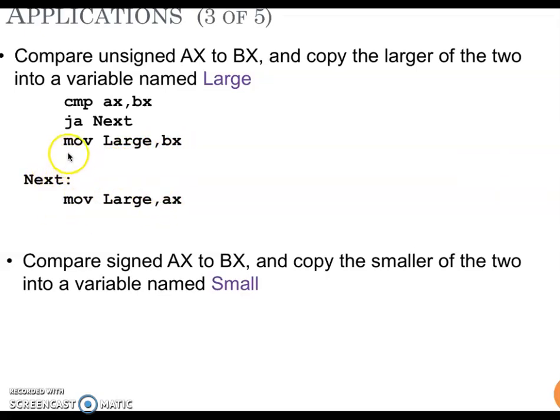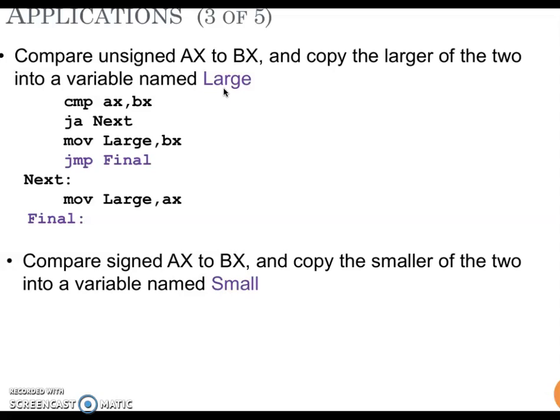That's why we have the other code label we call final. This final is after the code label next. So after BX is moved to large, I will do the unconditional jump to here. That's how we get the greater value, AX or BX, moved to large. Is that correct?